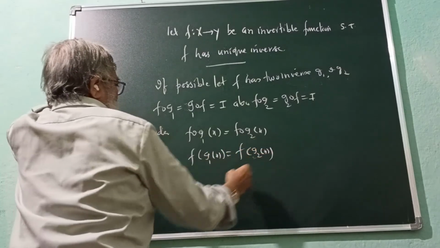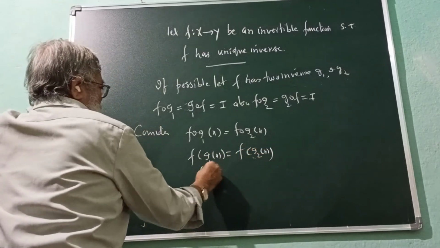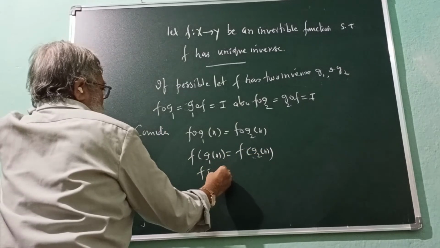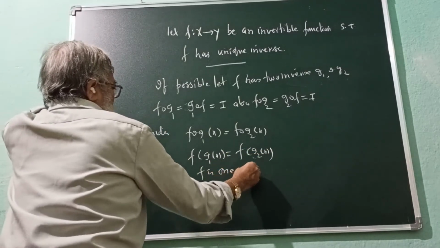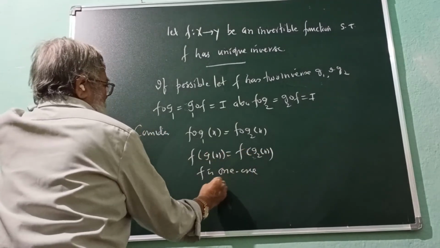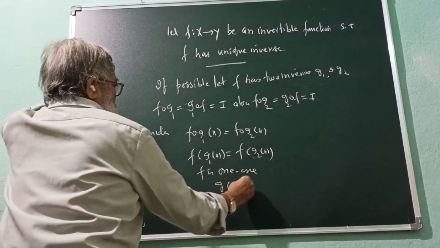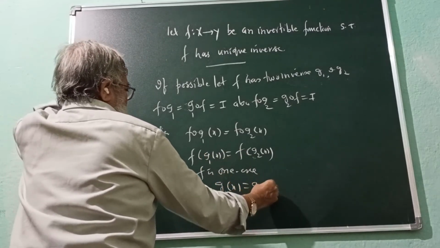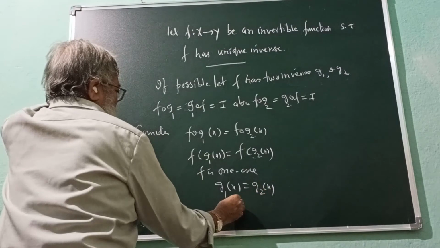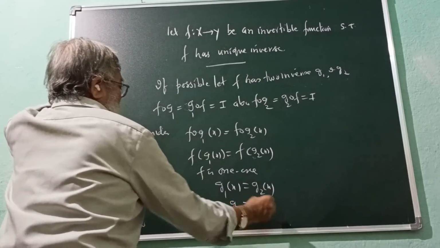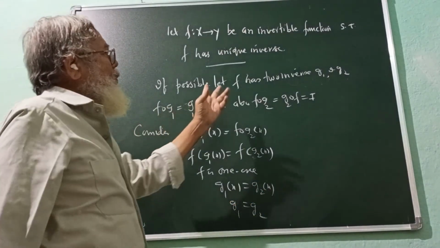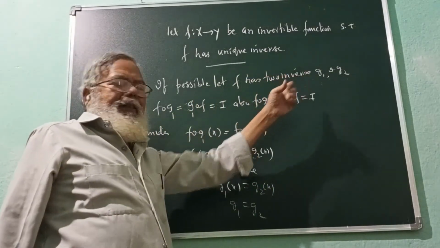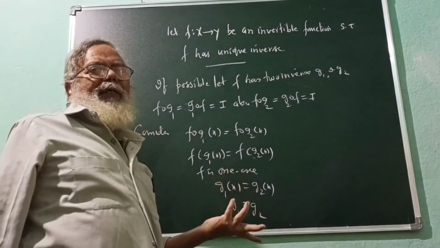Now since f is one-one, when images are the same, the elements must also be the same. So g1 of x is equal to g2 of x, that means g1 is equal to g2. That means even if you suppose more than one, they will be equal, so it has only one inverse.